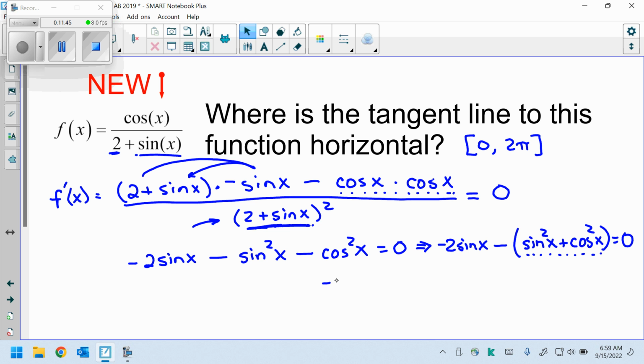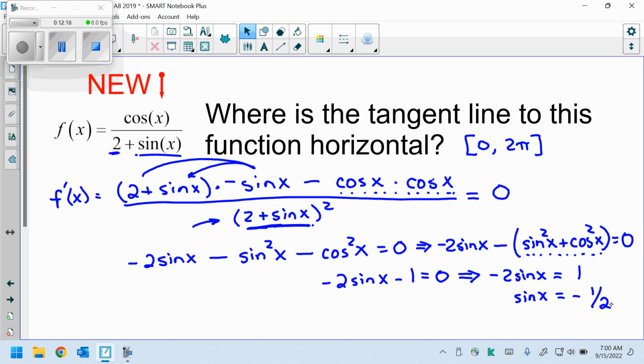So -2 sine of x minus 1 equals 0. -2 sine x is equal to 1 when I add 1 to each side. So the sine of x, when I divide by -2, the sine has to be -1/2.